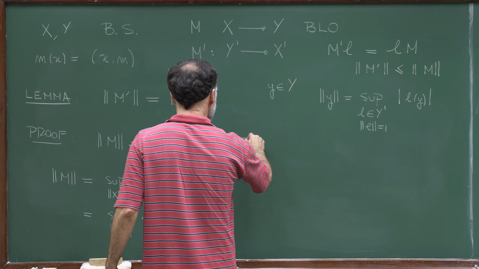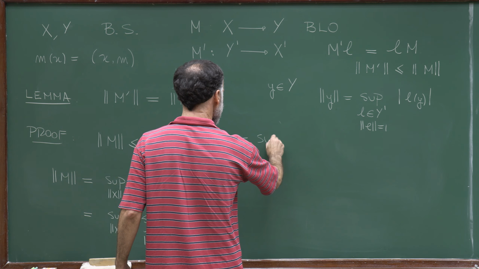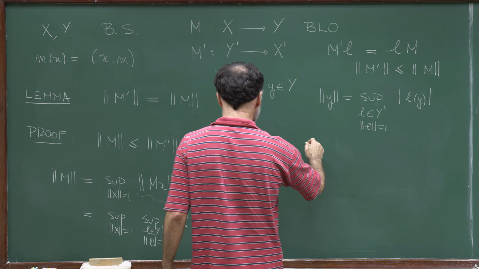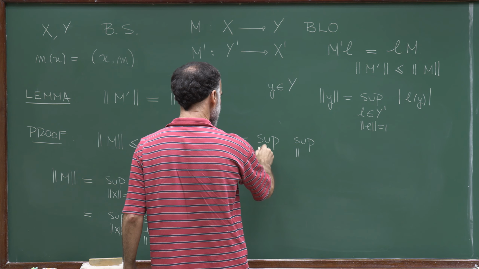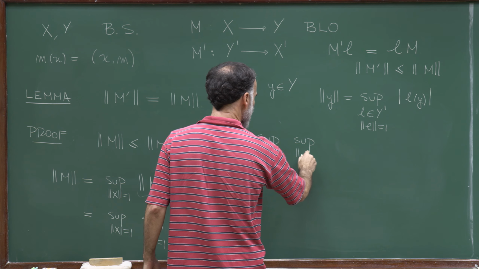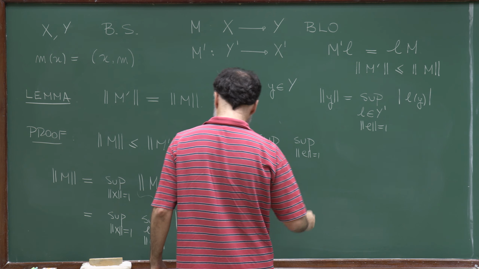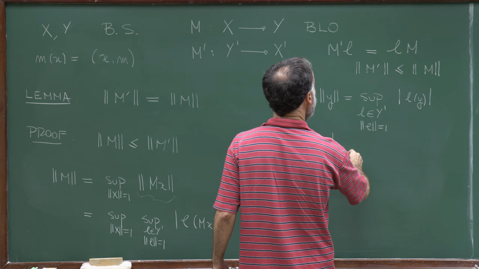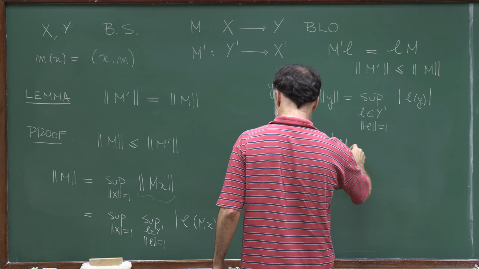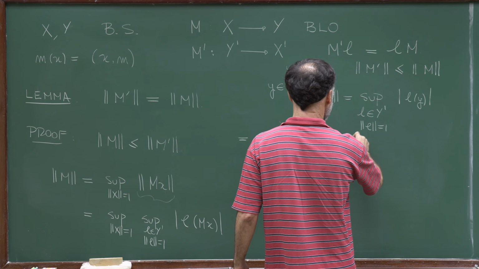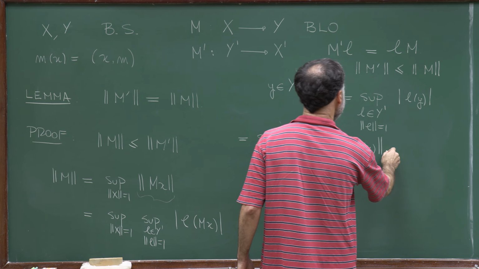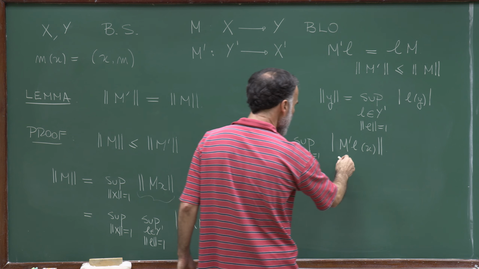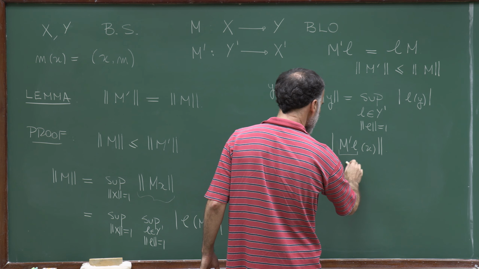So this is the supremum over x, supremum over, okay, maybe L equal to 1, of M prime L of x. M prime L is an element of X prime.